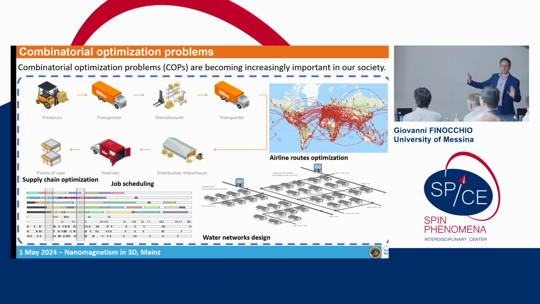If you just look at any company's problems, for example, any company has some logistics problem. They use some software to solve it. You have job scheduling, airline routes, and because all the resources you have are finite, so you have 3 vans, 4 trucks, 1 car, 10 bikes, all the resources are finite.